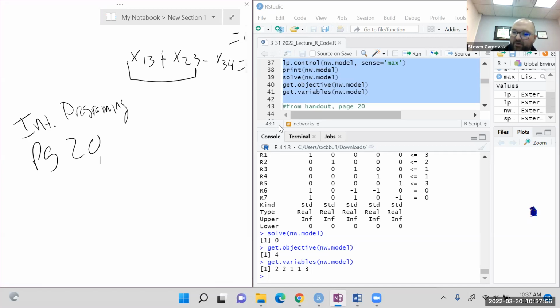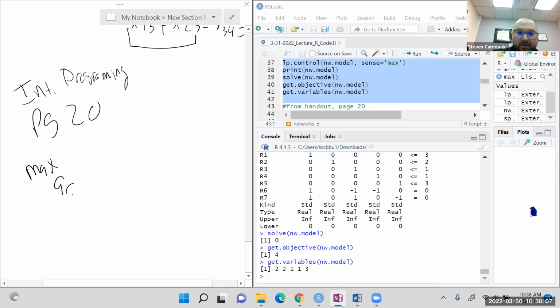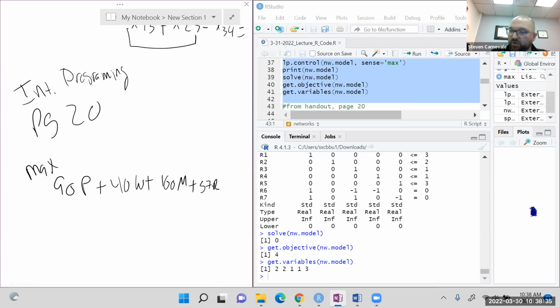Okay, so when we take a look at it, the objective function is we're trying to maximize, and I'll just write it shorthand here, 90 P, which is the plant expansion, plus 40 W, and I'm writing this in thousands, plus 100 M plus 37 R. And these are warehouse expansion, new machinery, or new product research.